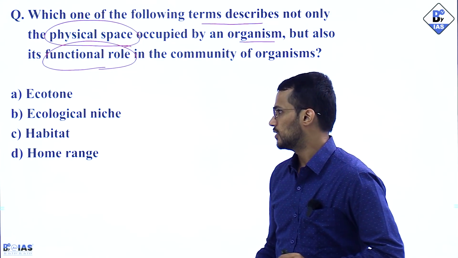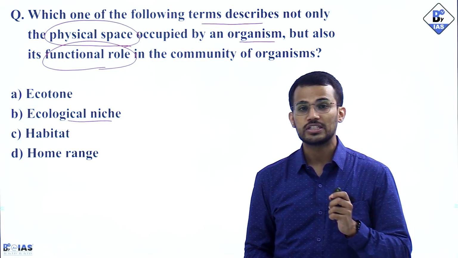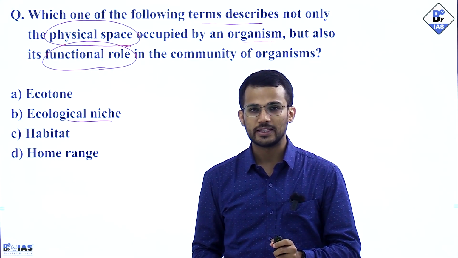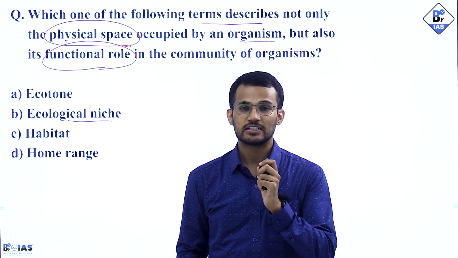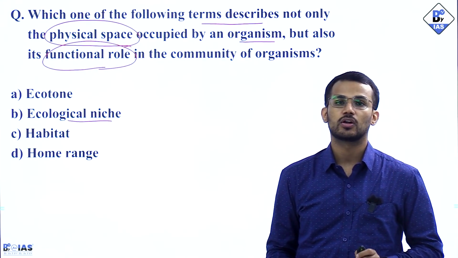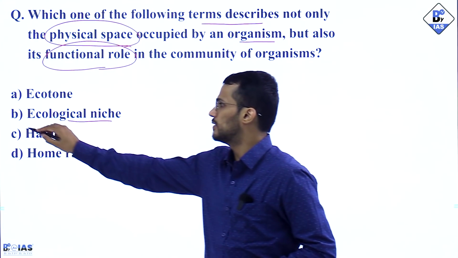And that term is ecological niche. Right? So it is ecological niche which explains the functional role as well as the physical space in which that particular organism is available. So the correct answer for this question is B.